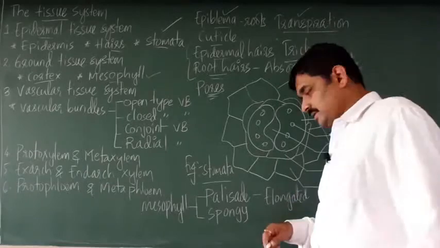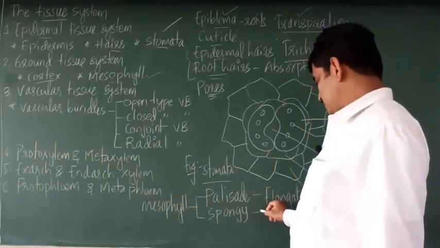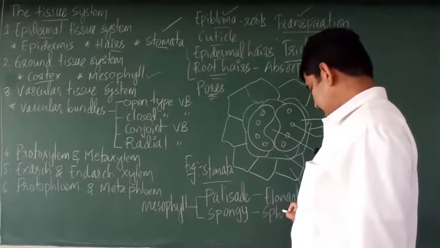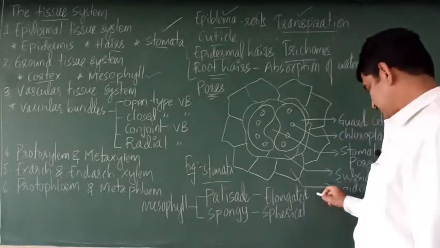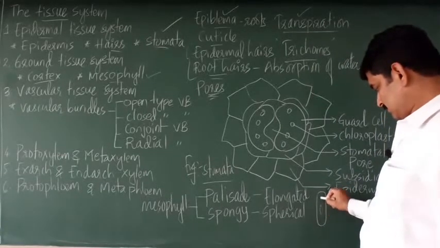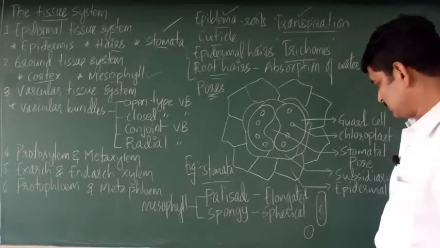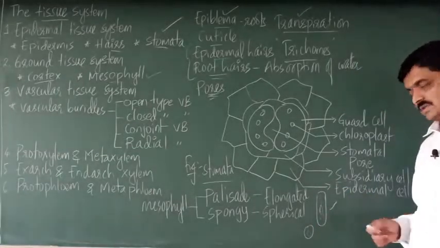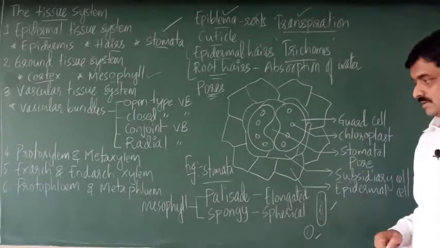Palisade cells are elongated. Spongy cells are spherical. So this is palisade cell and this is spongy cell, right?